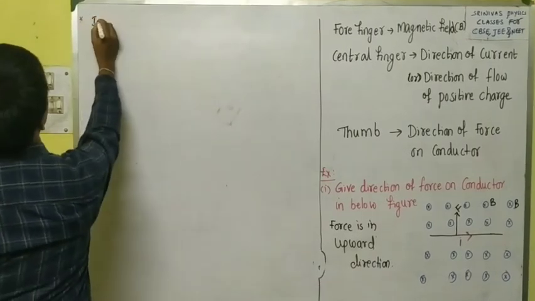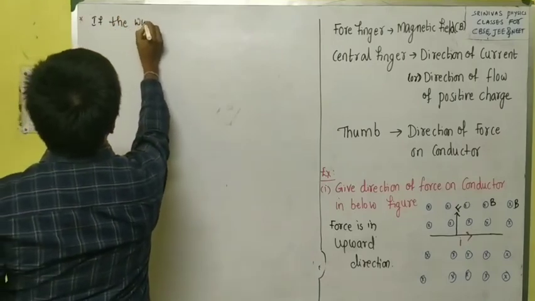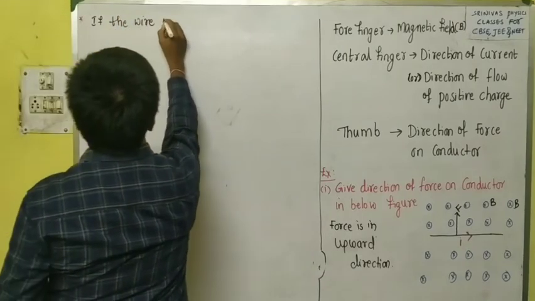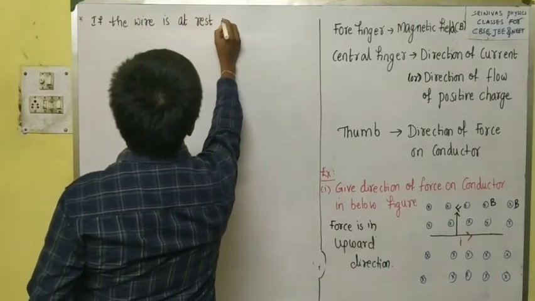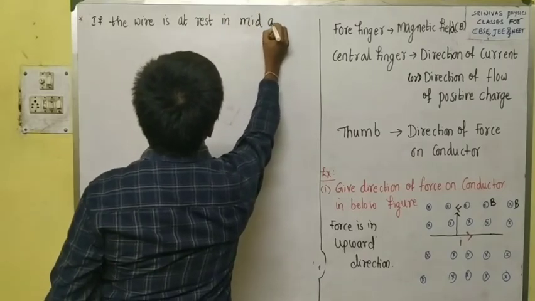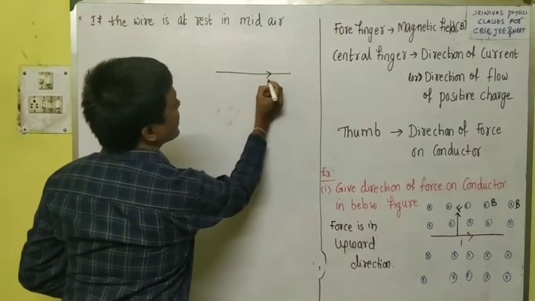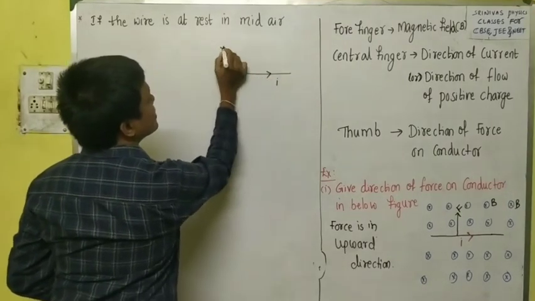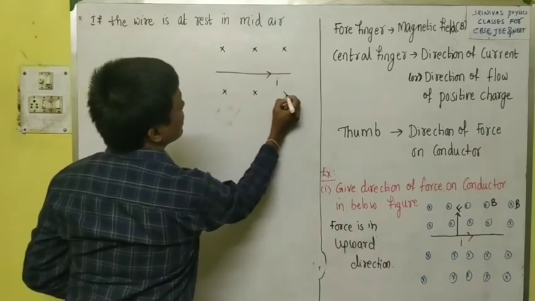If the wire is at rest in mid-air, this is a wire carrying the current I, and it is in the magnetic field, which is inward.